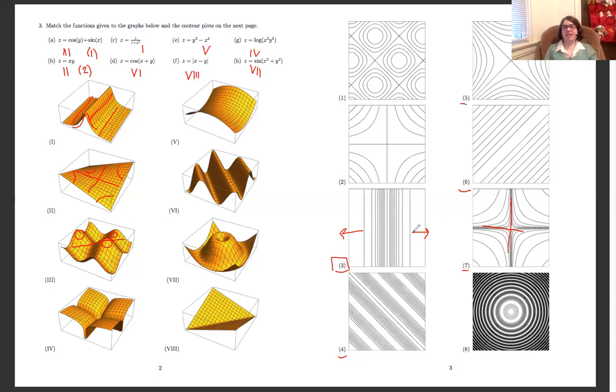And this is what it looks like in the contour plot. So I'm going to say C goes with graph 1 and contour plot 3. I'm wondering now if I remembered to shuffle these before I put them in their contour plots, but we'll see.